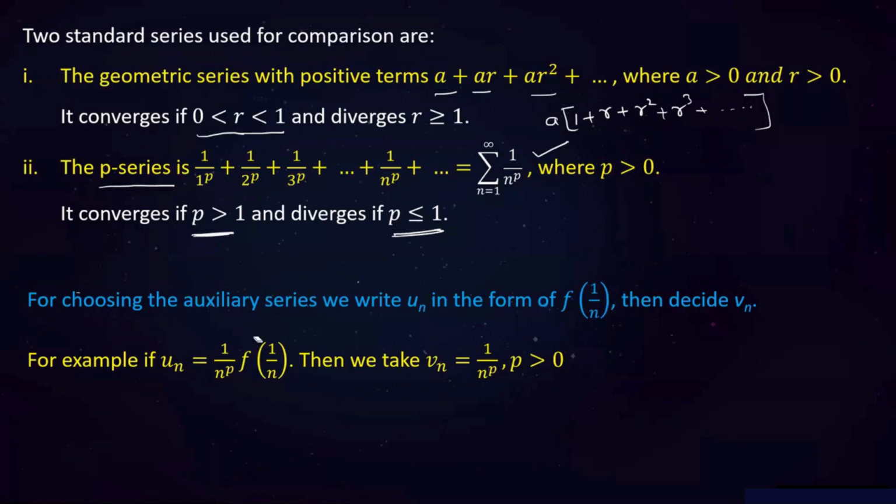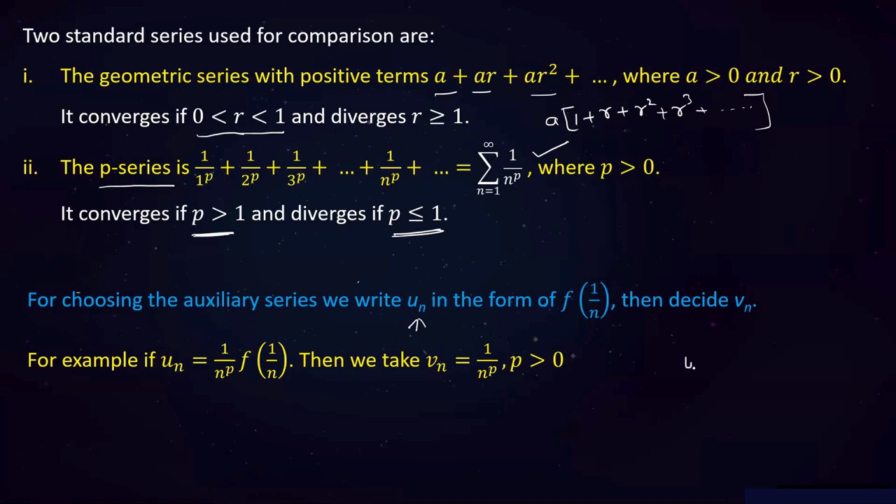While choosing the auxiliary series, though we have two options now, we need to choose one of them. But how do we choose that? For choosing the auxiliary series, we first need to write the nth term un in the form of a function of 1 by n. Then we decide vn.